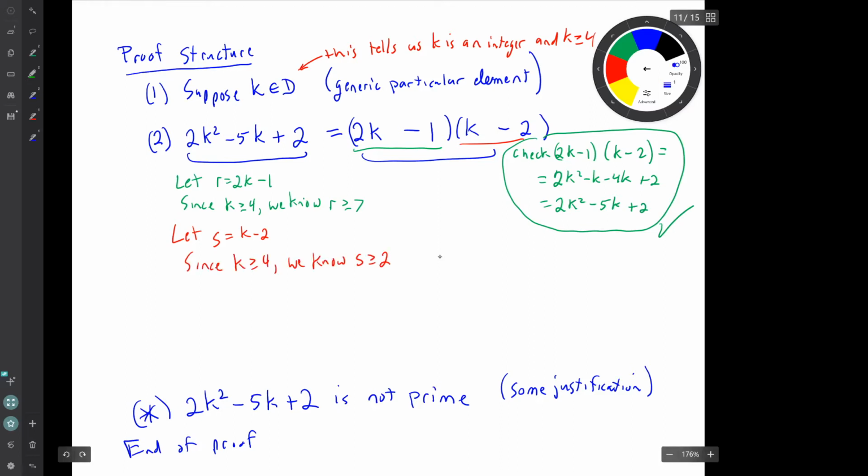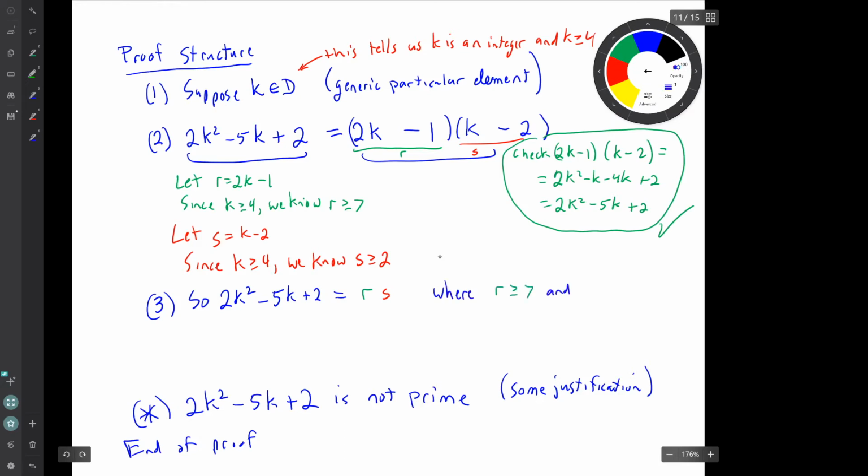So let's summarize what we've found so far. We found a factorization for our quantity. It can be factored as r times s, where r is greater than or equal to 7, and s is greater than or equal to 2. Well, let's go back up and look again at our definitions.